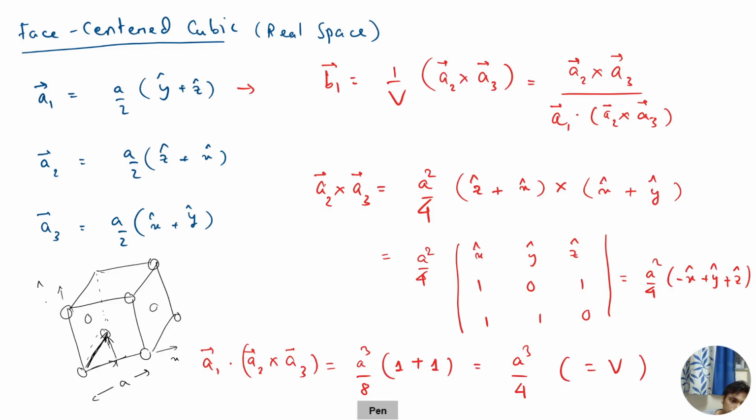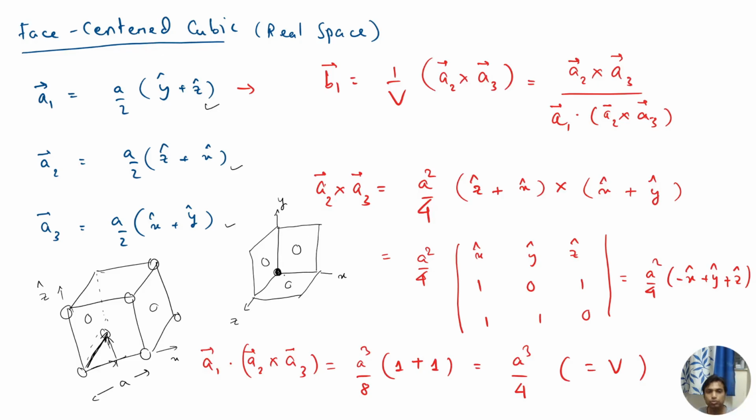This is one of the face centers, this is the other face center, and this is the other face center. It is this face and this face from this corner, and this is your x, this is your y, and this is your z.